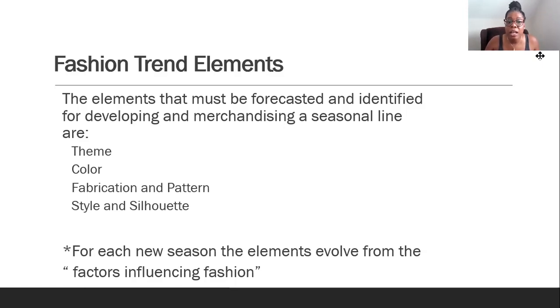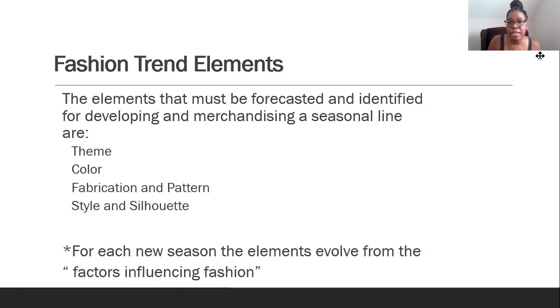All right. And how we get to those forecasts, how we get to those trends, it evolves from those influencing factors that I discussed in my previous video. History of fashion, what once was old, that is new again, and how are we interpreting it now for today's consumer? And we also look to fashion influencers.